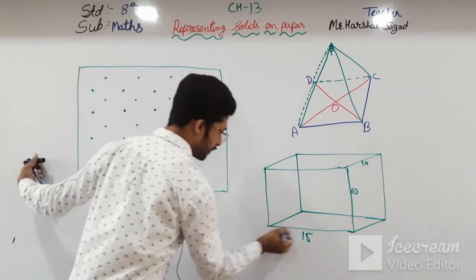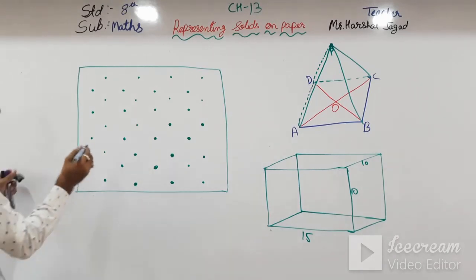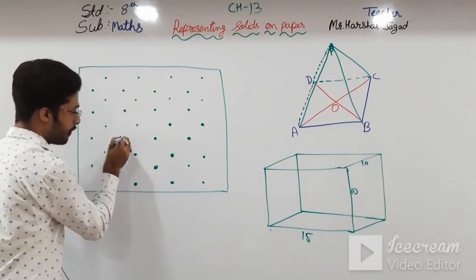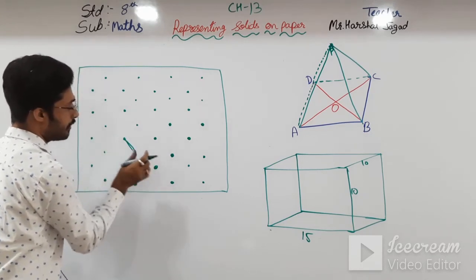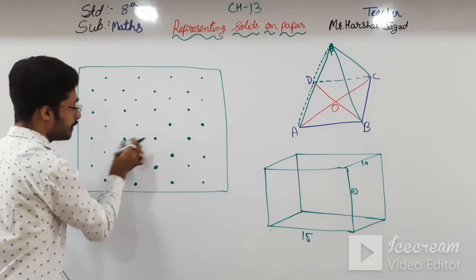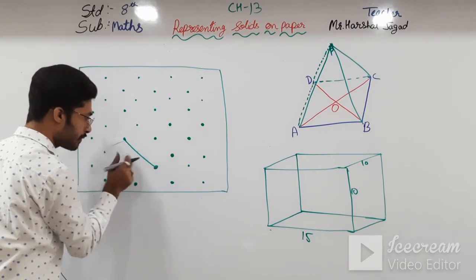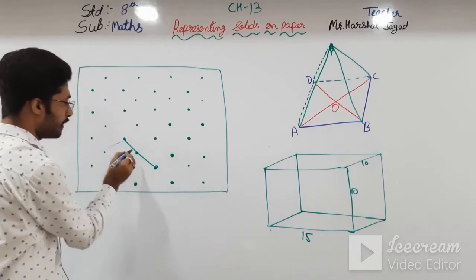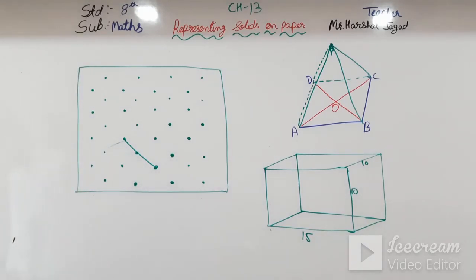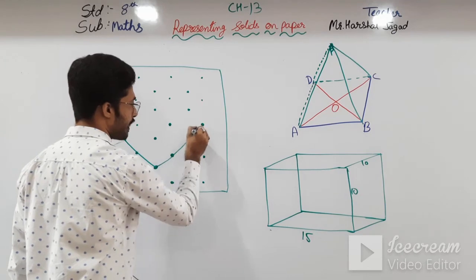Now they are just trying to draw this 15. So first of all we have to draw 3 points this side, 3 points this side. So 5 plus, oh sorry, I haven't drawn in a straight line. This is the point, take this point over here. Okay students, now this 5 is done, and this is 5 centimeter, then here we have to take 5 plus 5 is 10, plus 5 is 15.